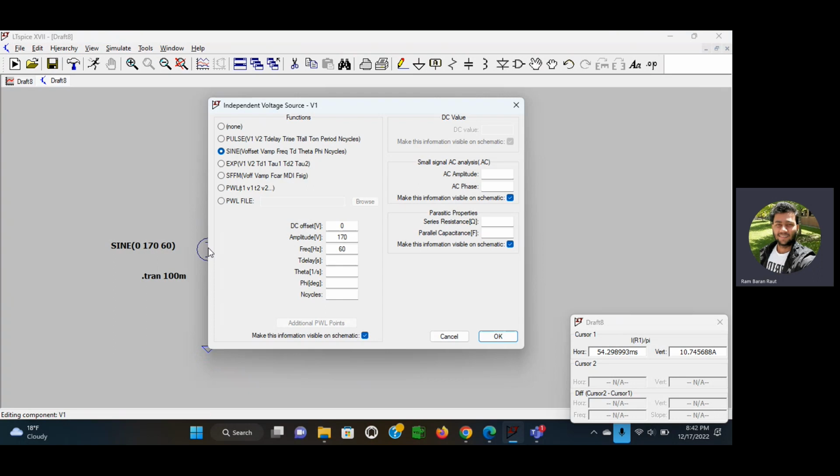So here we are using a sinusoidal voltage source. For the DC offset voltage, it's 0, and the amplitude is 120 multiplied by square root of 2. The source frequency is 60 Hz.